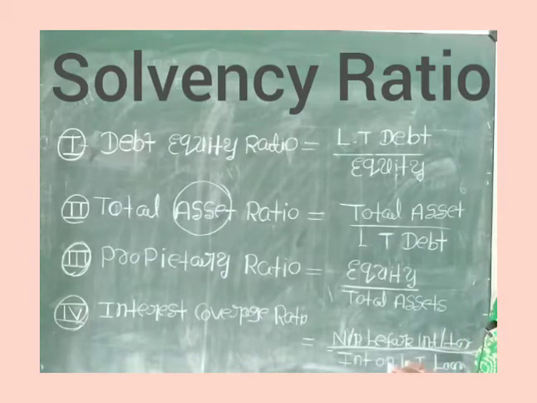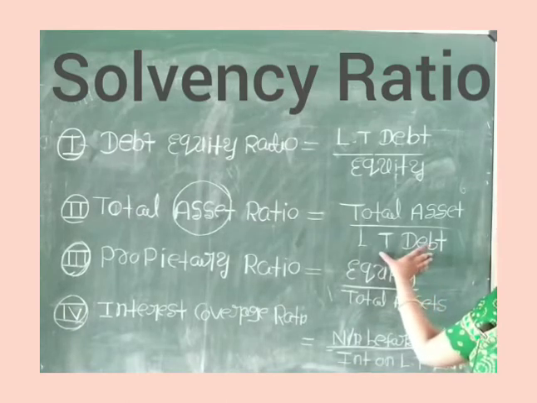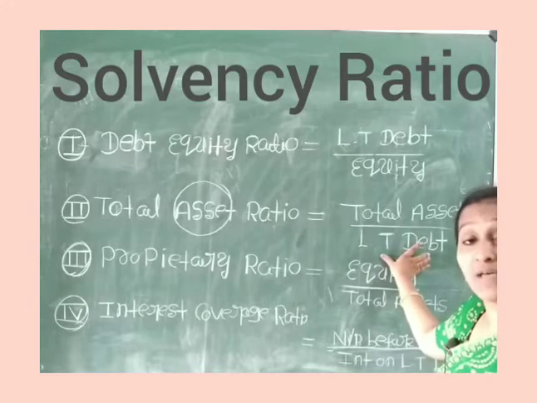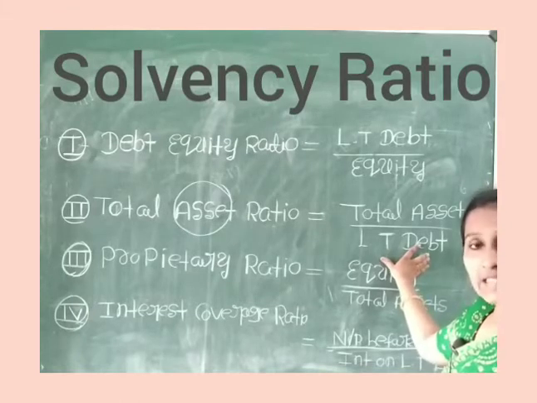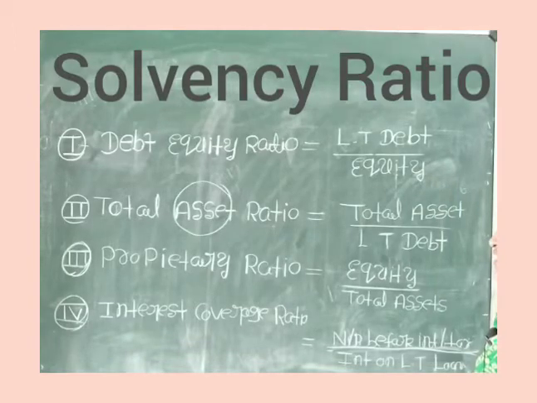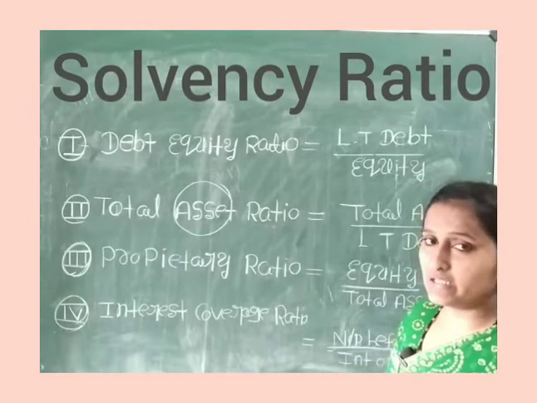In this formula, we are going to check total assets against long term debt: how much long term debt or loan we have, and how much long term assets we have. Each and every formula, dear children, tells you whether the company is able to meet its obligations or not, and that is what we calculate.